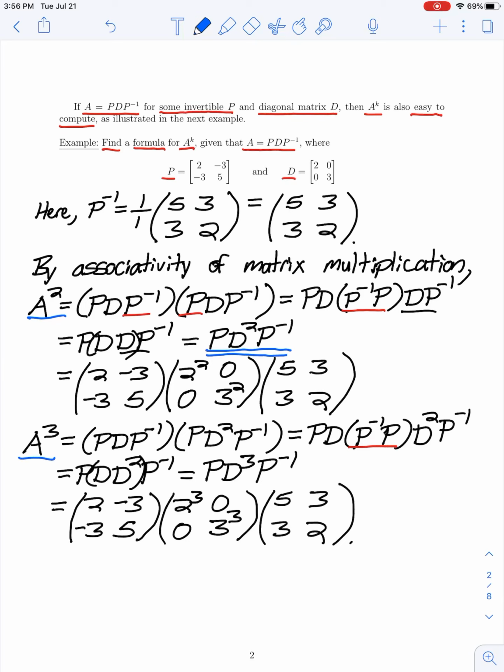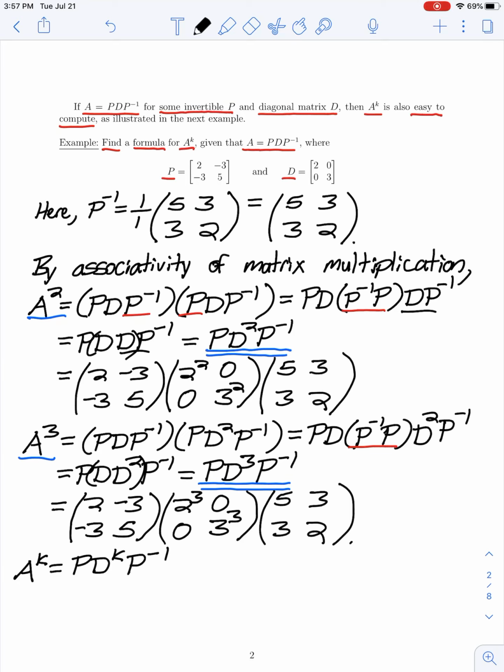And we know that this middle part of our product, D raised to some power, is the matrix we get by simply taking the diagonal entries of the diagonal matrix D raised to that same power. So in general, we can say A to the K power could be expressed as P times D to the K power times P inverse.